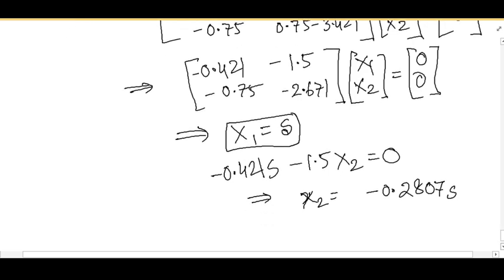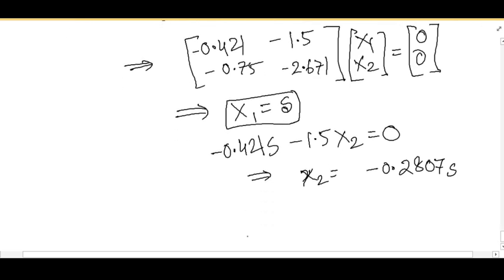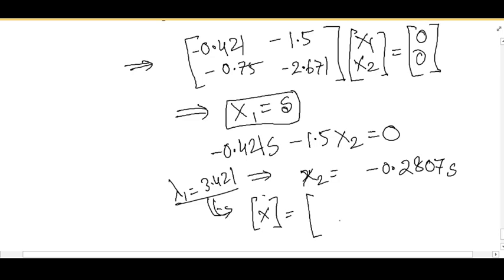So this s is a multiplier, nothing else. So the eigenvector corresponding to lambda 1, where we have used 3.421, we can write as x1, x2, that is, s and 0.2807 s.